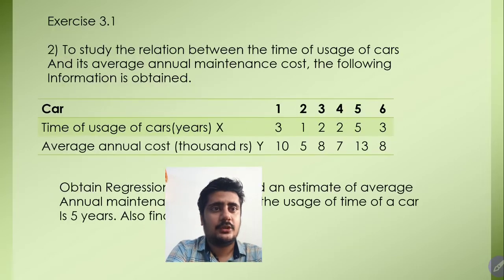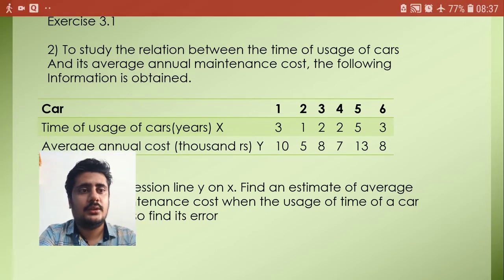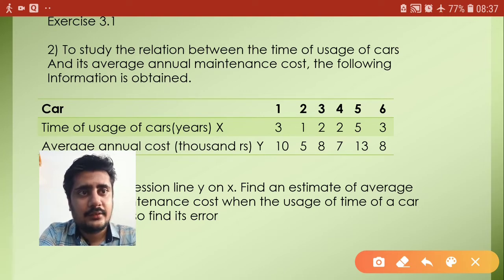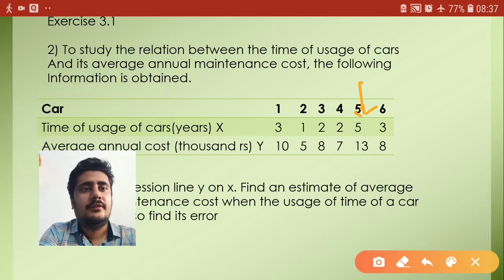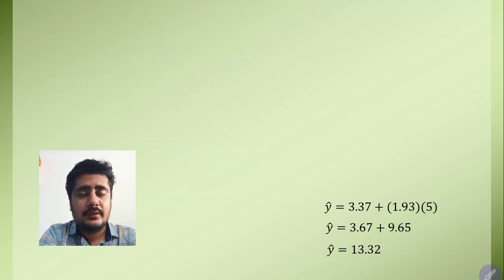Now you have to check the question. We are coming to the question. See, in the question, if x is 5, then y is 13. So the actual is 13, and as I told you, actual will always be given in the question.